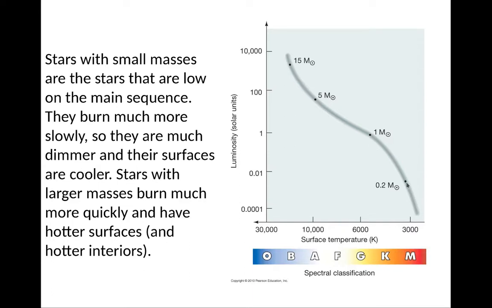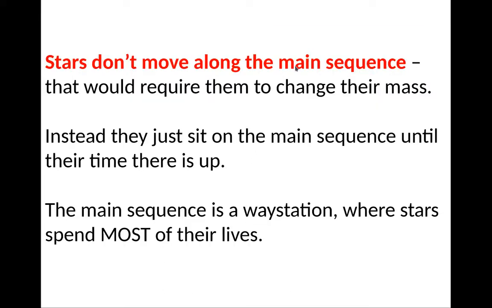Small mass stars are cooler and dimmer. More massive stars are hotter and brighter. Stars with small masses are low in the main sequence. They burn very slowly, they're dim, and their surfaces are cooler. Stars with much larger masses burn much more quickly and have hotter surfaces and also hotter interiors.